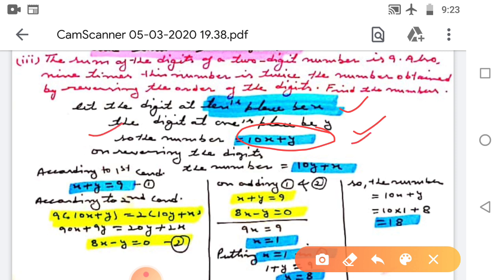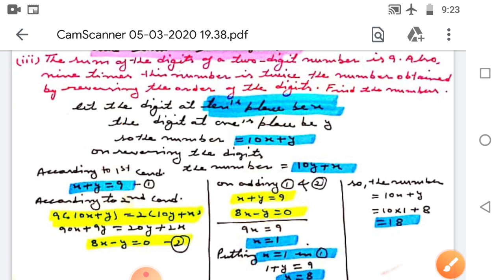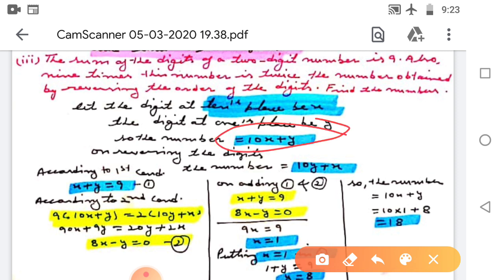On reversing the digits, the digit at tens place is y and ones place is x, so the number is 10y plus x.